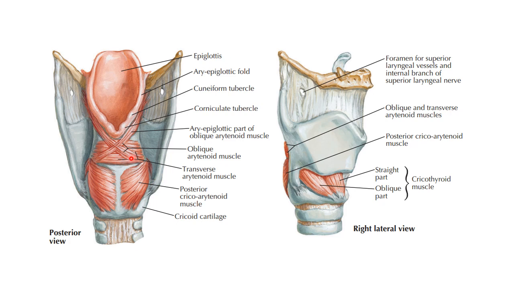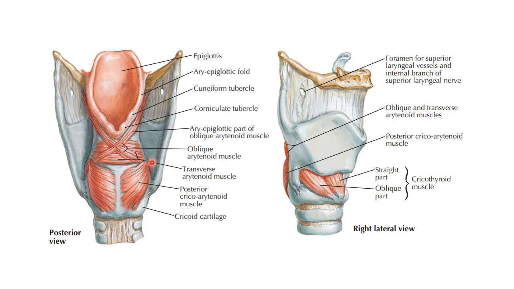So this transverse arytenoid muscle would connect the muscular process of the arytenoid with the midline at the level of the cricoid. This is your posterior cricoarytenoid muscle, and it originates here in the broad portion of the cricoid and inserts into the laterally placed muscular process of the arytenoid.